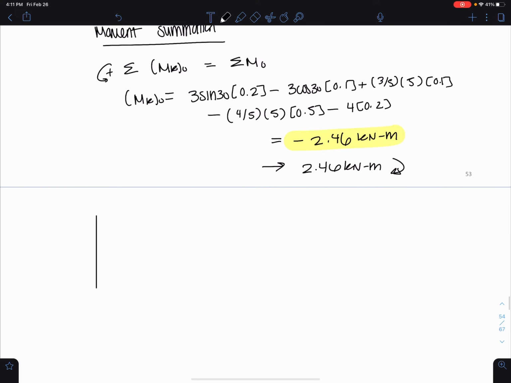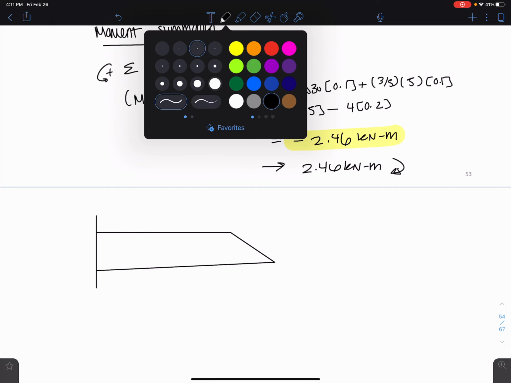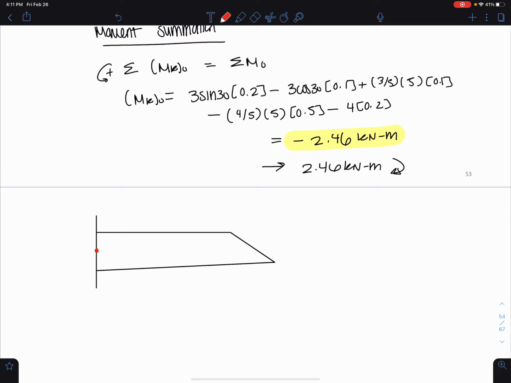And now if I want to draw the equivalent system, this is my point O. I have my resultant in the x, my resultant in the y.